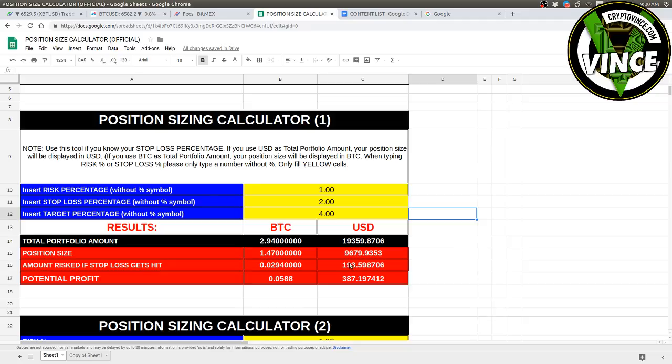In this case, my calculator shows you BTC or USD. It shows my total portfolio in USD is 19,000, and my position size for this trade has to be $9,679. So I take this amount and I go on BitMEX.